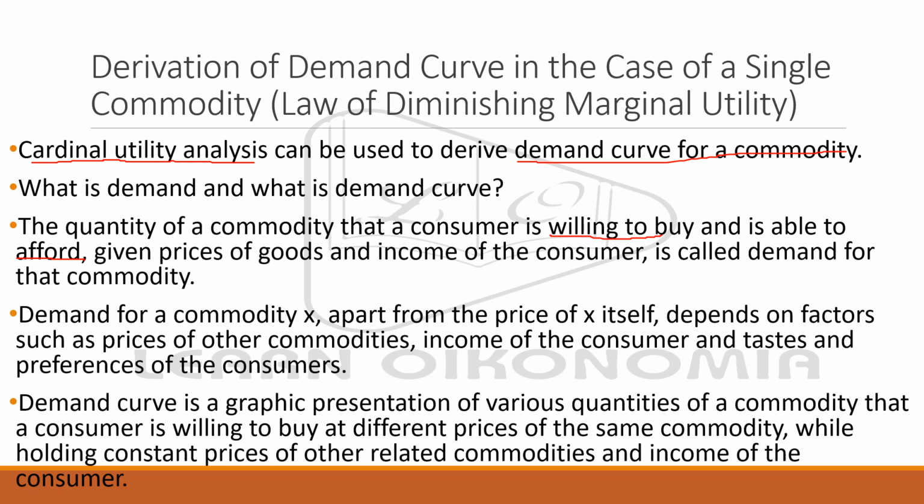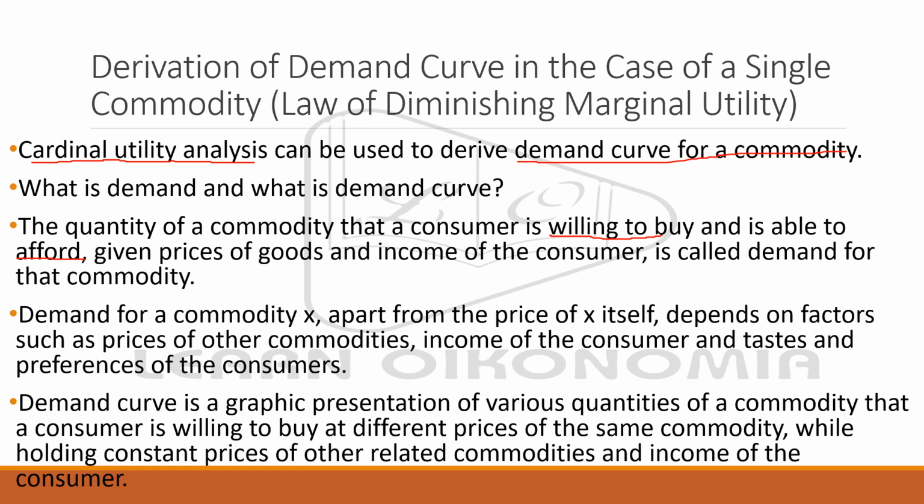And also, if he doesn't have the money to spend, but he actually wants a commodity, then also you cannot say that there exists demand. Demand would exist only when you have a combination of both your willingness and your affordability. When these two things are combined, you can say that there exists demand.